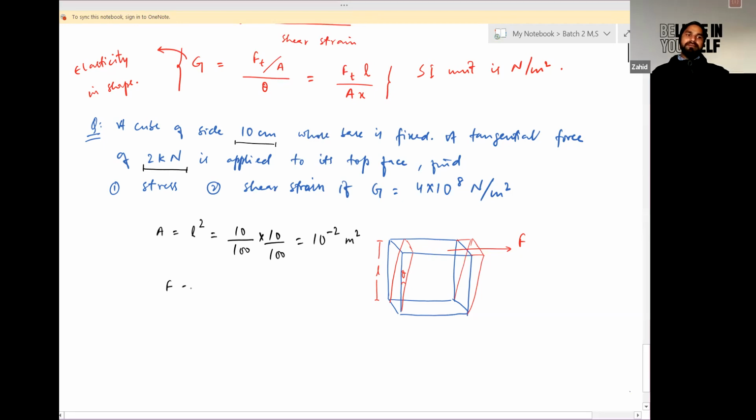Force is 2 kilonewton, so it will be 2 into 10 to the power 3 Newton. Now apply the formula.